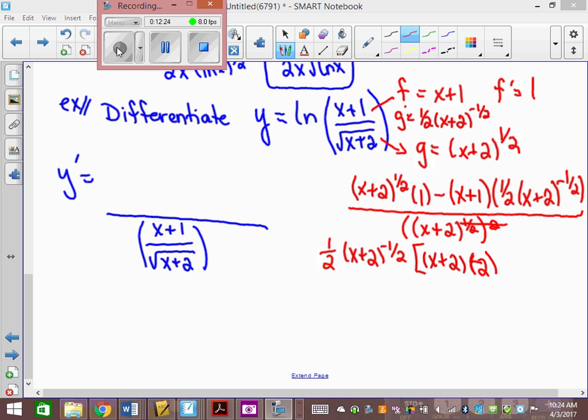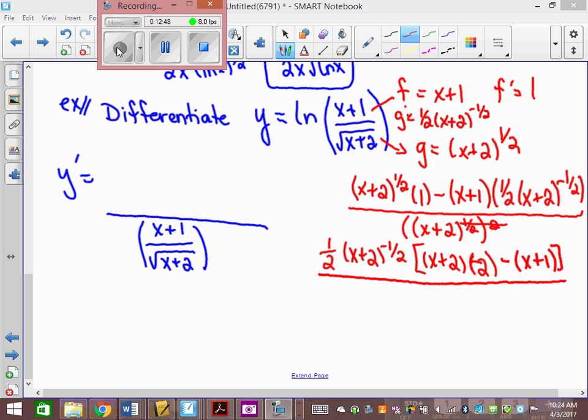A 2 here. Why is there a 2 there? Because you pulled a half out. When you pull a half out of 1, it's like 1 times 2, so you're left with 2. Then minus x plus 1, because the half and that go away.